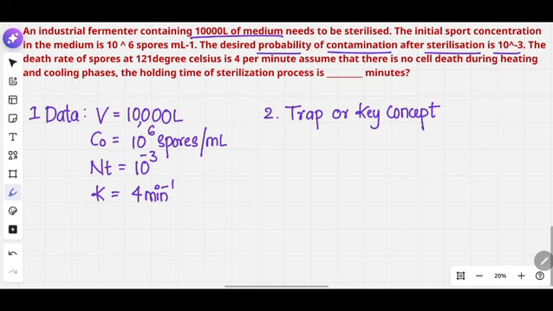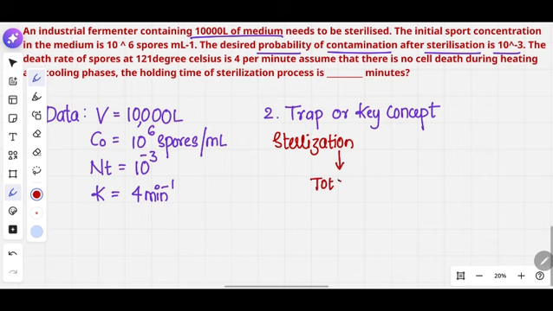The key concept here is that sterilization is based on the total number of spores, and it is not depending on the concentration.